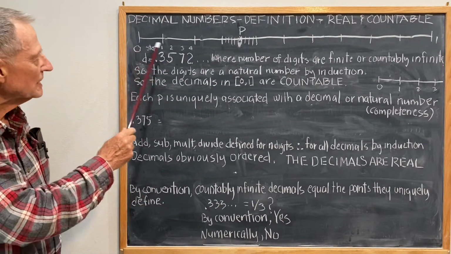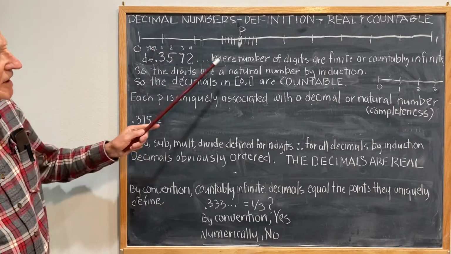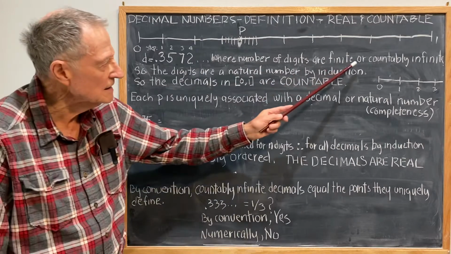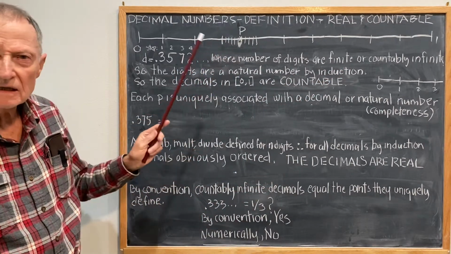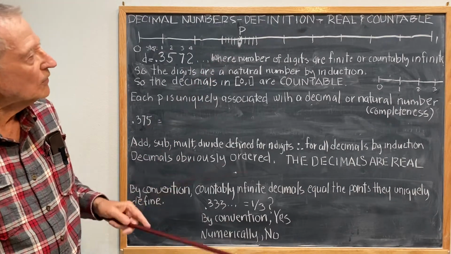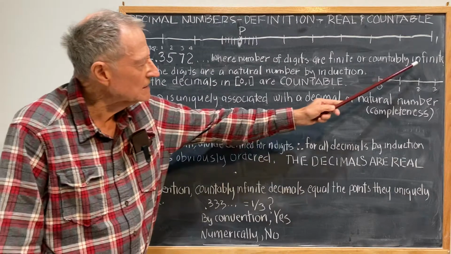So proceeding this way, step 1, 2, 3, 4, I eventually get a number of digits which are either finite, in case my point P falls on an incremental line, or if it never does, the digits will be countably infinite.